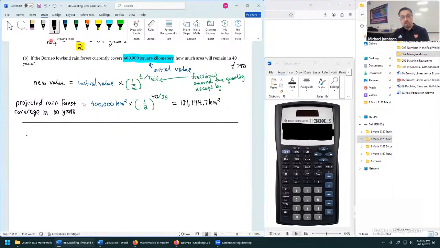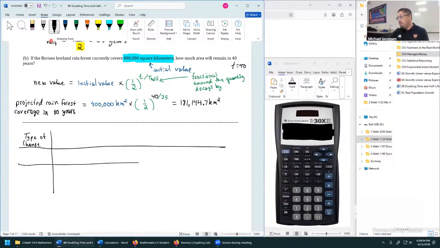So let's call this first column in our table type of change. And then for the next 2 entries, we'll look into exponential growth and exponential decay.